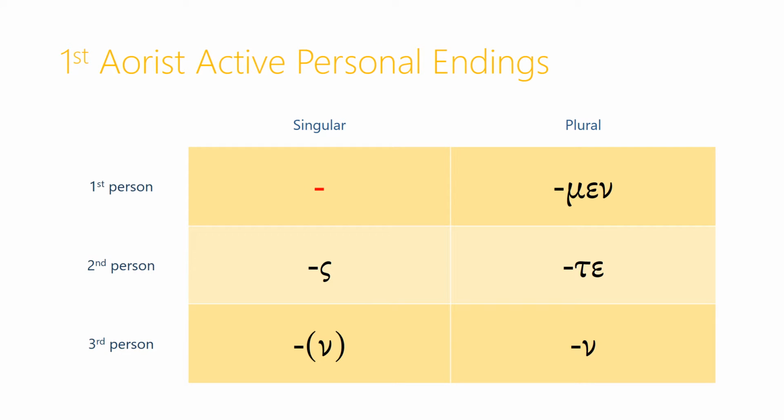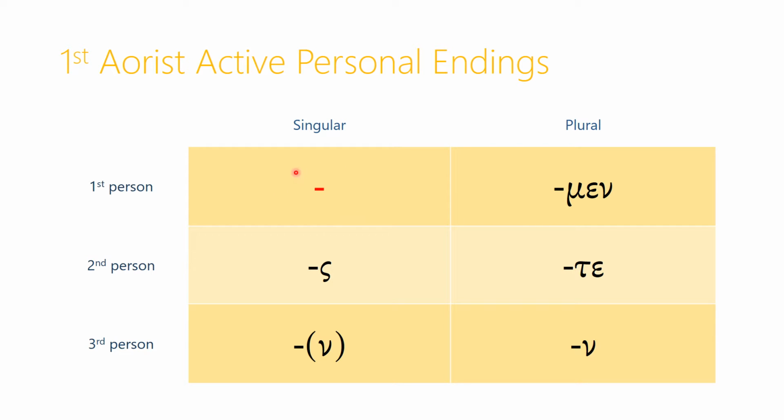Now, in the first aorist active personal endings, that means the first style or first kind of way we form the aorist, we use those secondary personal endings, except that we don't put on the nu in the first person singular.